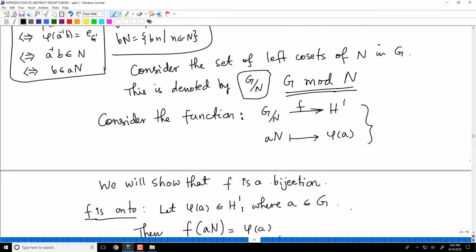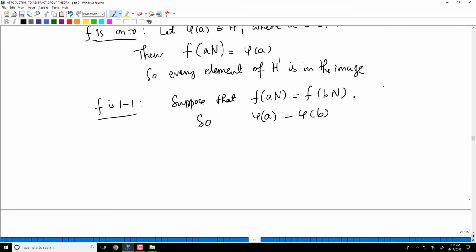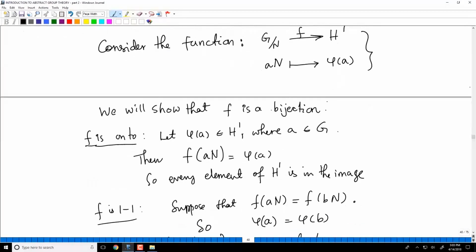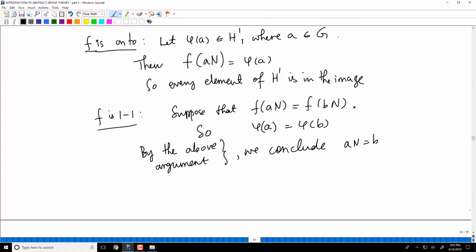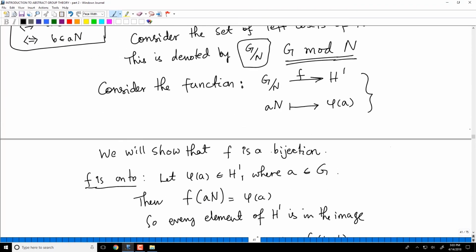And I have checked earlier that if phi of a equals phi of b, then aN equals bN. So we have concluded that f is 1-1 also. f is onto, we checked. f is 1-1 also, we checked. So f is a bijection between two sets.